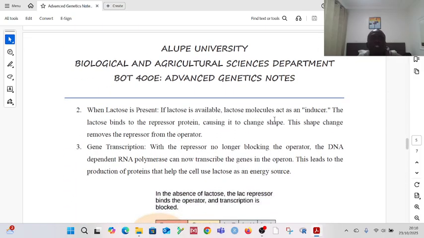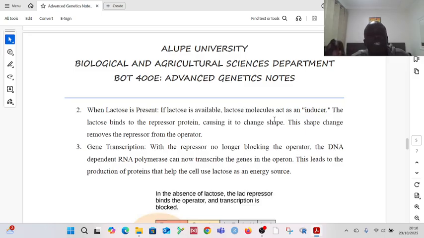So it is normally off. But when lactose is present, the lactose molecule acts as an inducer. That is why it is an inducible operon. Why is lactose called an inducer? Because it binds to the repressor protein.